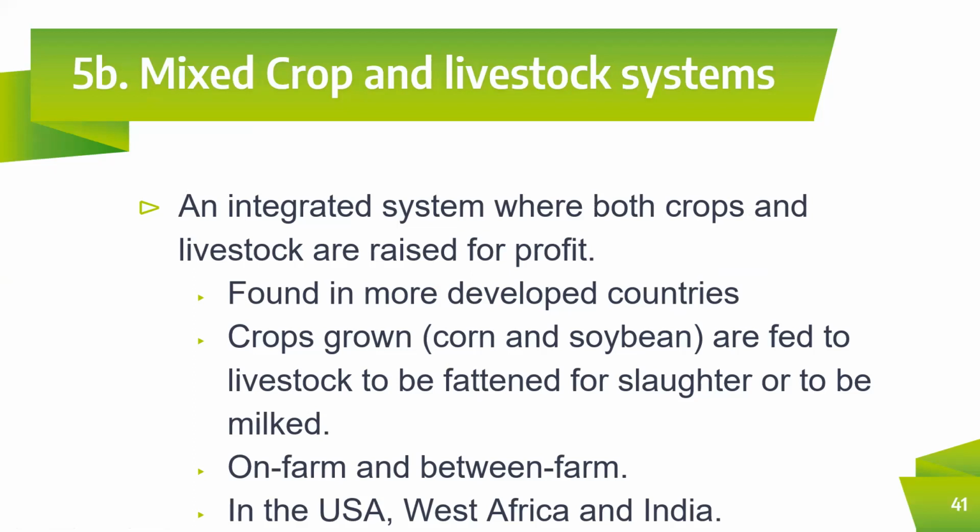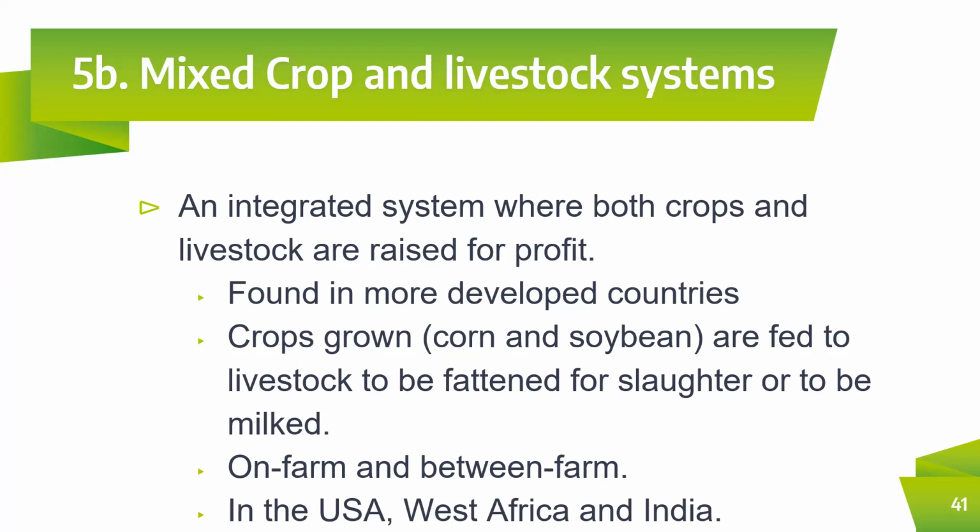On-farm is when you raise the crops and the livestock on the same farm. Between-farm is a little bit different: you raise crops on one farm and livestock on another. We don't need to get bogged down in that though. But you'll find mixed crop and livestock systems mainly in the United States, West Africa, India.